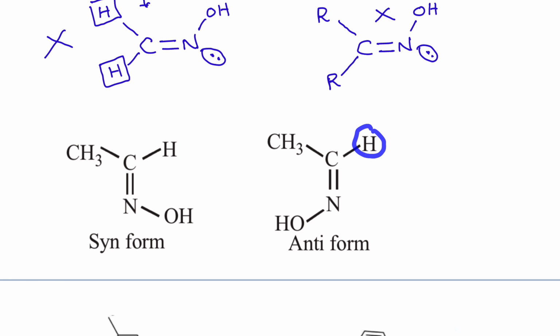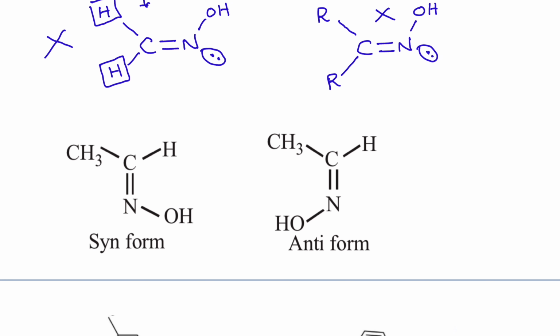If the hydrogen and OH are on opposite sides, then it is said to be the anti form. That is the fundamental rule you have to follow. Here, in case of oximes, hydrogen and OH orientation we are taking as reference.